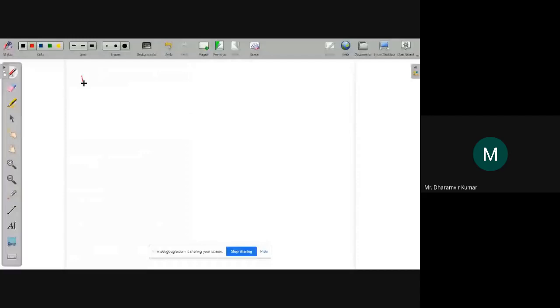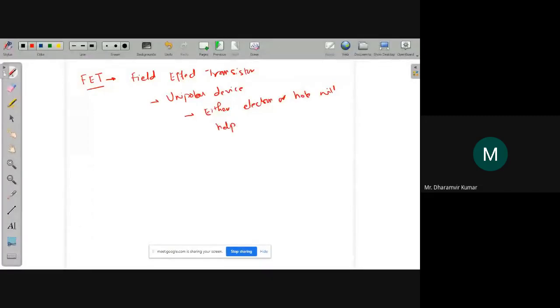But just for quick knowledge, I can tell that FET stands for field effect transistor, and it is a unipolar device, which means that either electrons or holes will constitute the electric current, not both, because it's a unipolar device.